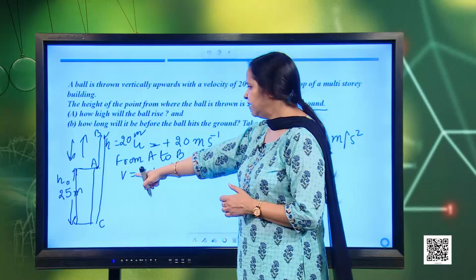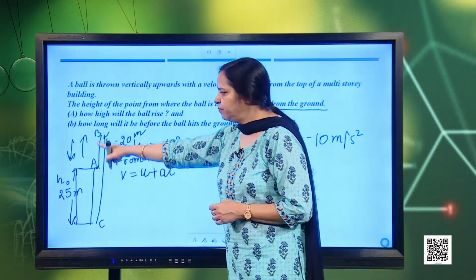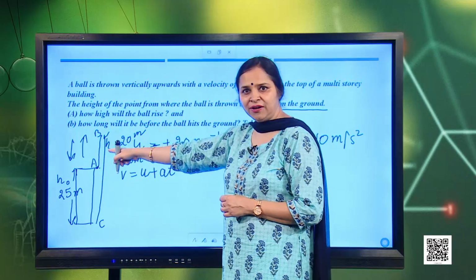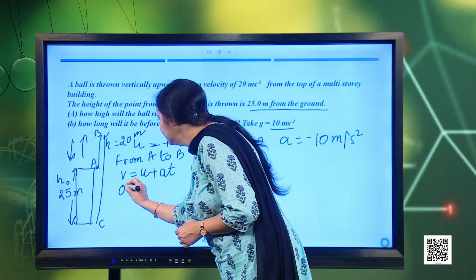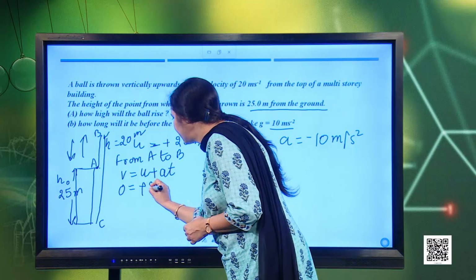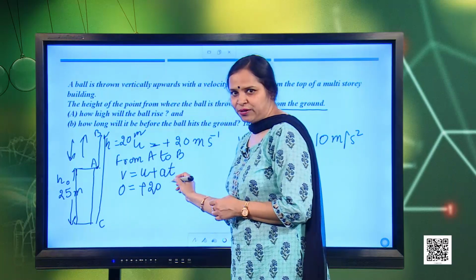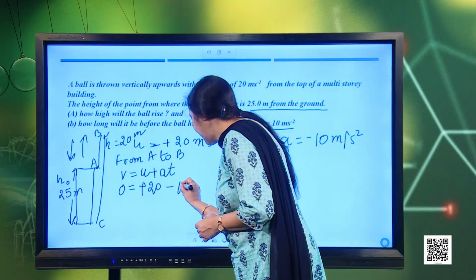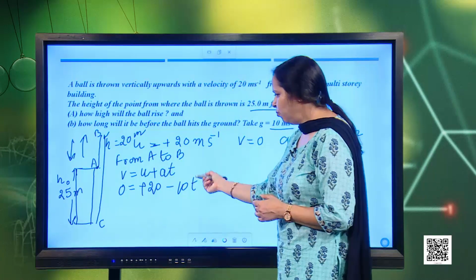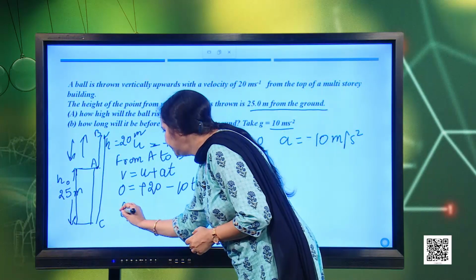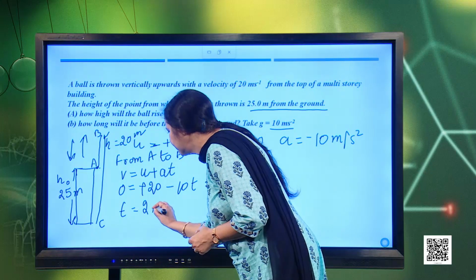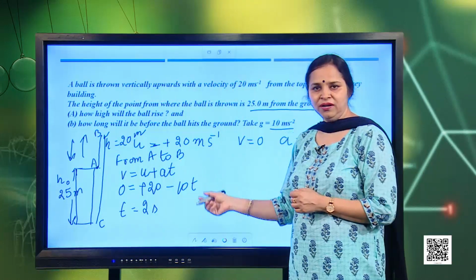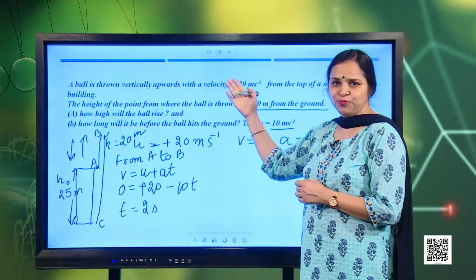The final velocity at point B is 0. The initial velocity is plus 20, the value of a is minus 10, and then t. When you solve it, you get the value of t to be equal to 2 seconds. So, this is the time taken by the ball from A to B.